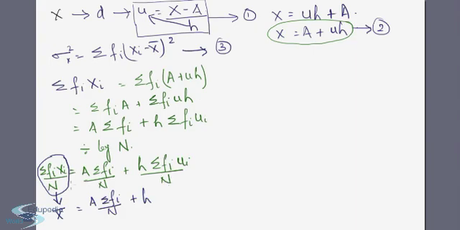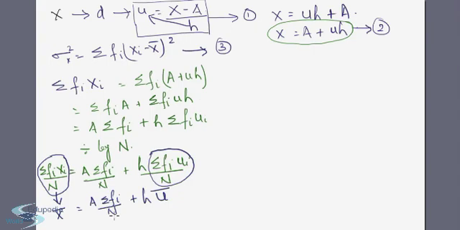If we look at this and this quantity, we see that they are similar, except that here we have the variable x and here we have the variable u. So in other words, this is nothing but the mean of u's. So I can write this as u bar. Okay, so now I have x bar equals a.